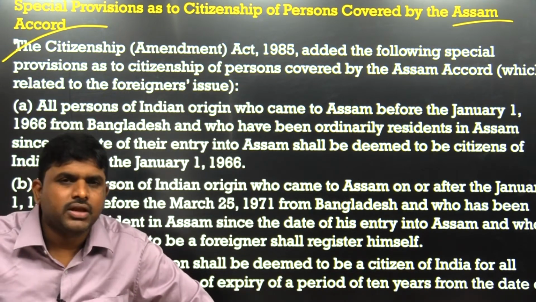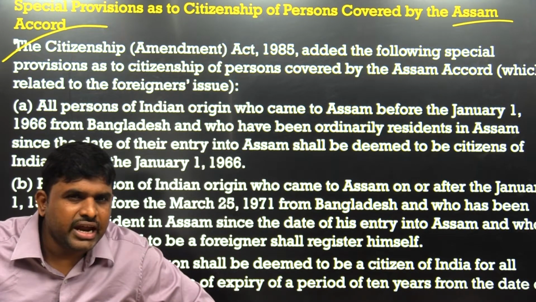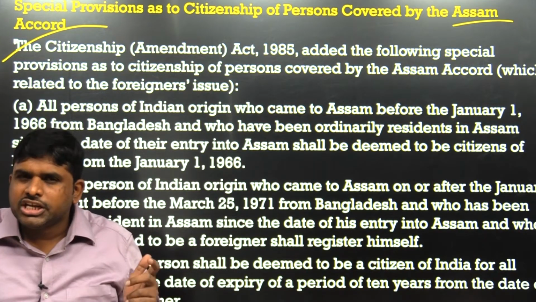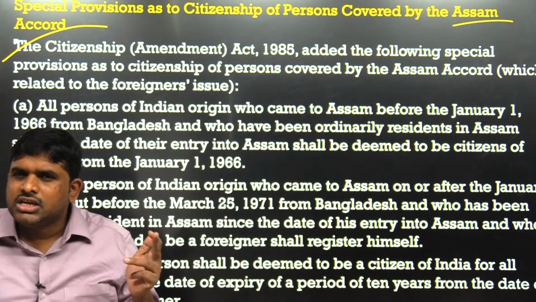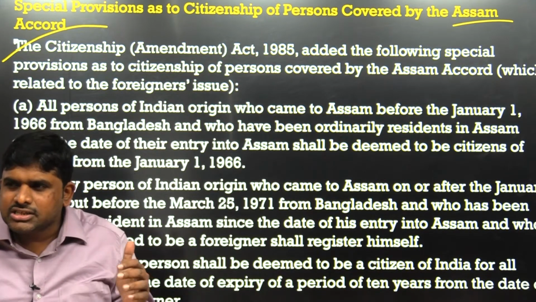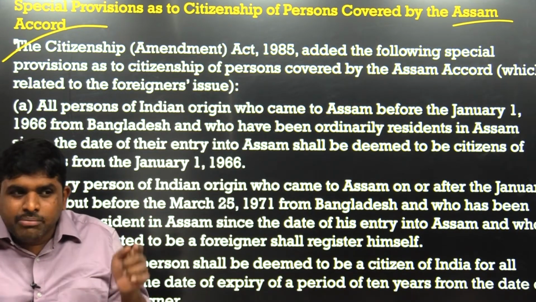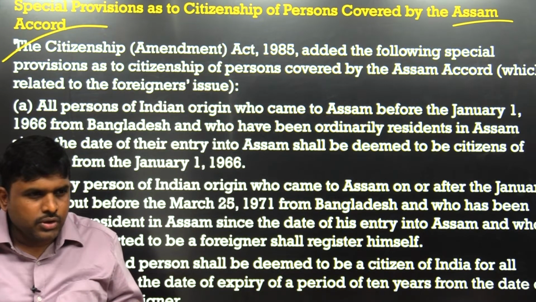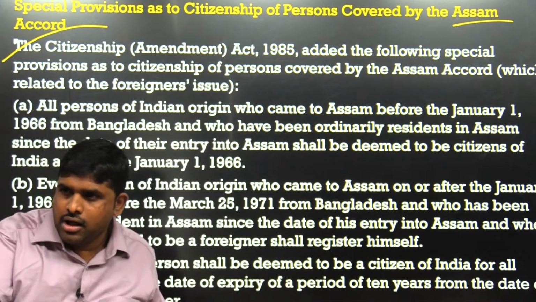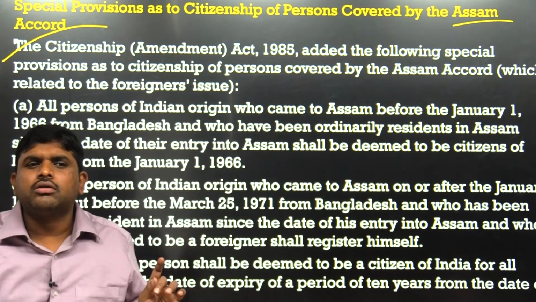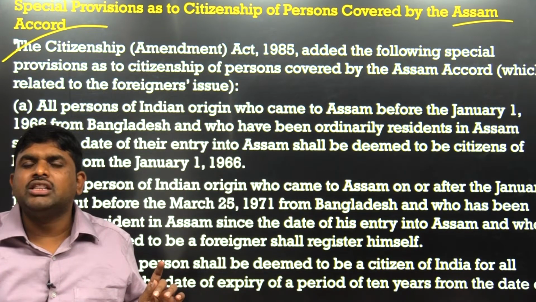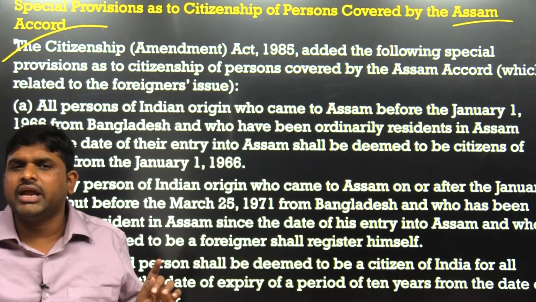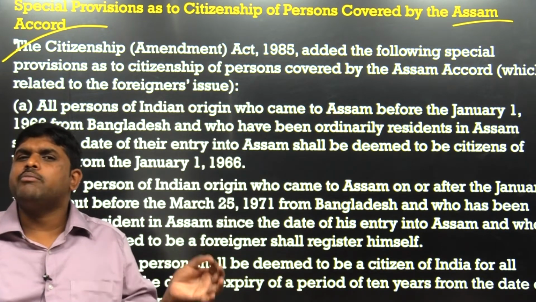Now you listen. The Citizenship Amendment Act of 2019 said that Hindus, Christians, Buddhists, Sikhs, Jains, Parsis, the six communities who are minorities in Pakistan, Afghanistan and Bangladesh, who came to India before December 31st, 2014, will be given citizenship.